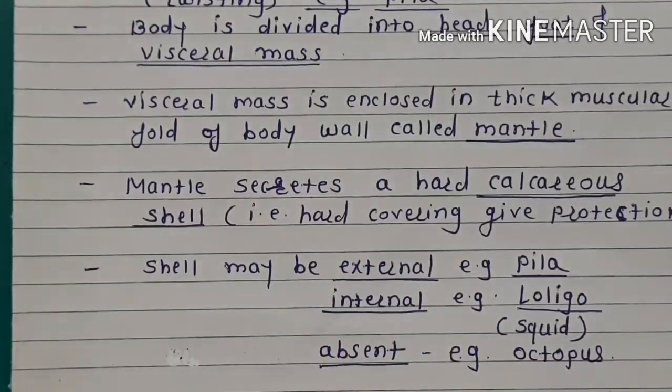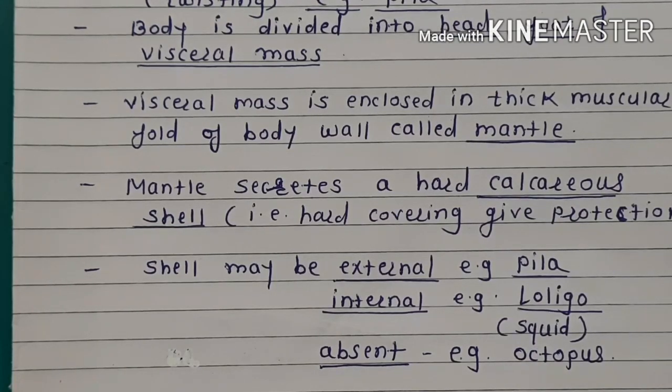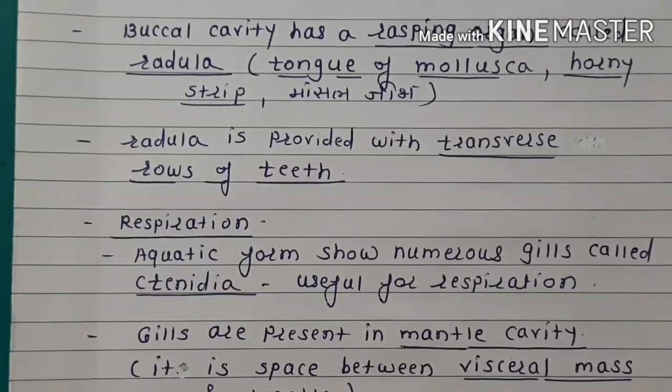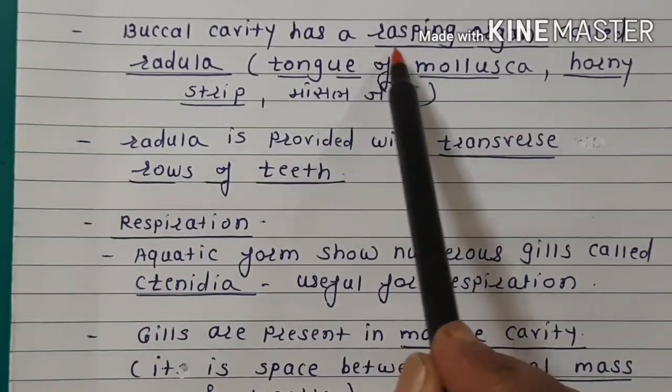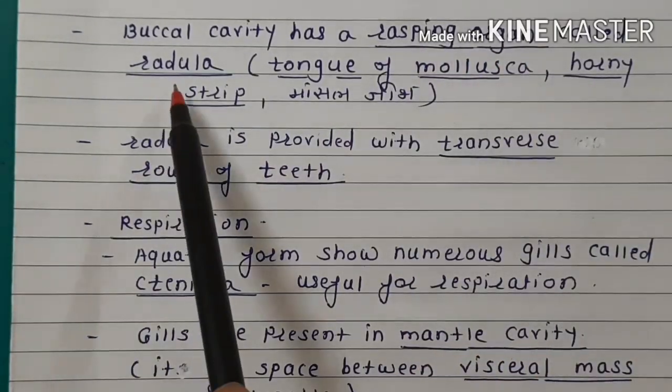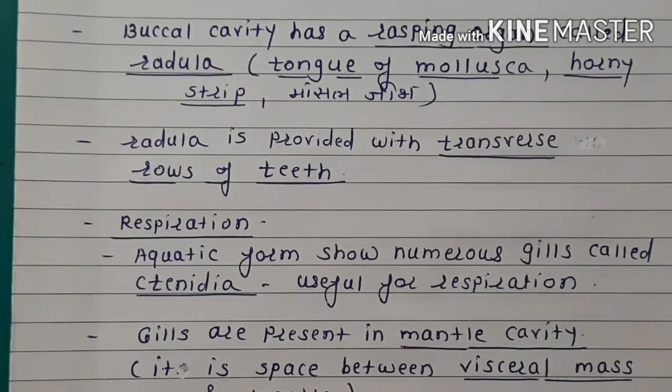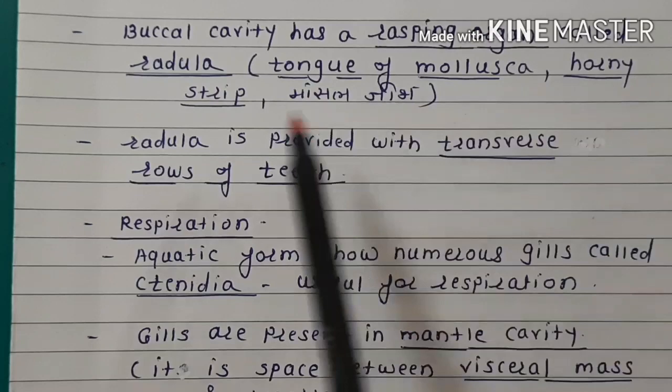Shell may be external. Example, pila. It is internal or it is absent. Example, octopus. Buccal cavity has a rasping organ, which is called radula. Radula means tongue of mollusca. It is made up of horny strips.